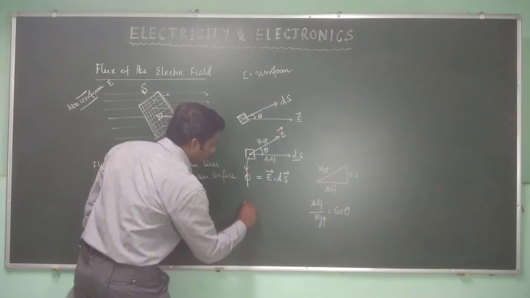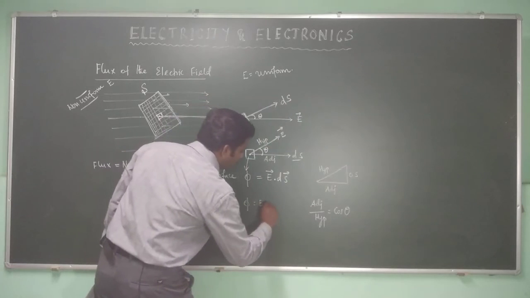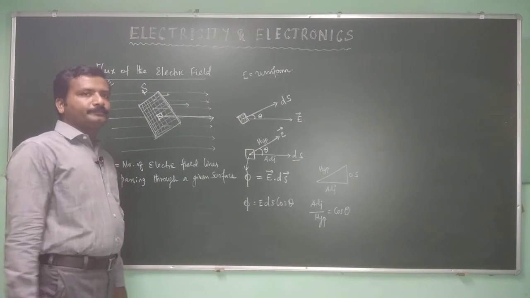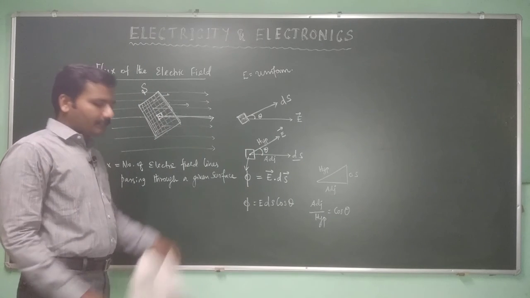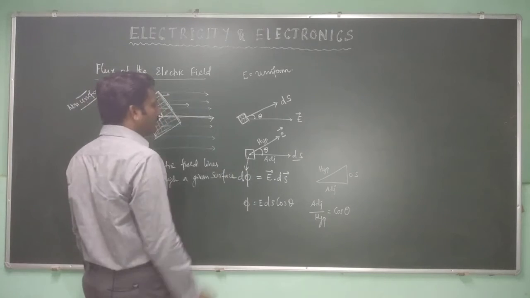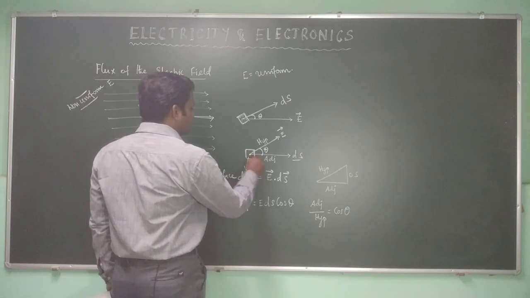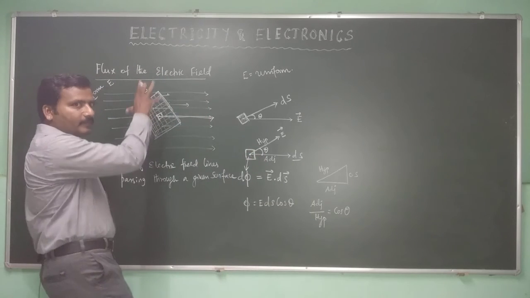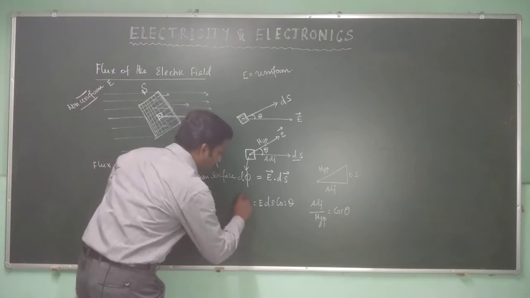So you can write phi equal to E ds cos theta. Now you can define this as d phi. Why? Because we are considering flux for this small square, but we have n number of such squares, so this is d phi.